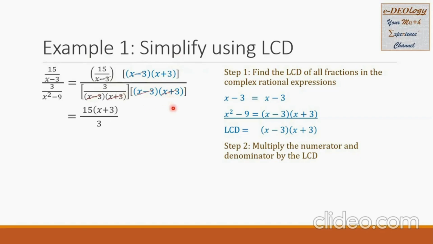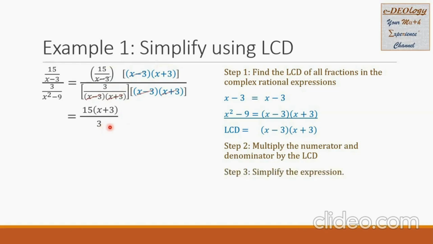So let us collect the remaining factors. In the numerator is 15, also this binomial x plus 3, so it is now copied here. For the denominator, only the constant 3 remains, so we will copy that.